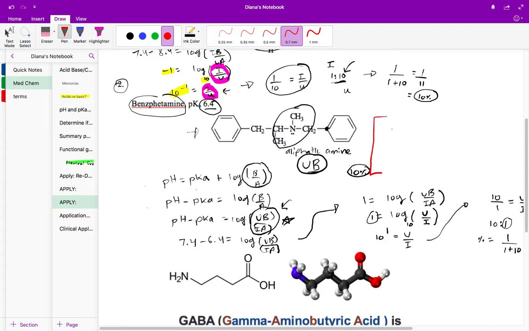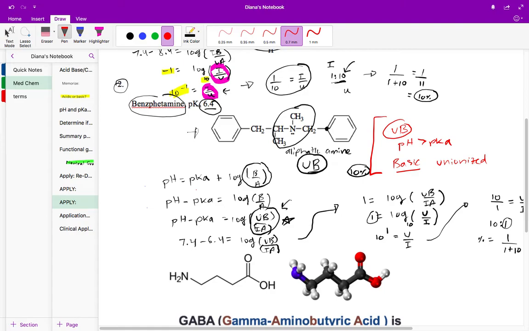So I know that I have a UB, and I have a pH that is actually greater than my pKa. pH is 7, the pKa is around 6. And so I have a base that is in a basic environment. So because that base is in a basic environment, it's going to stay primarily in its unionized form, right?